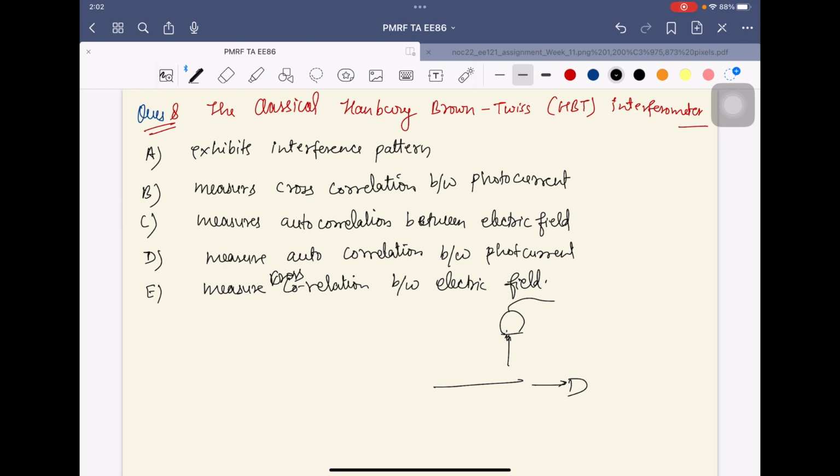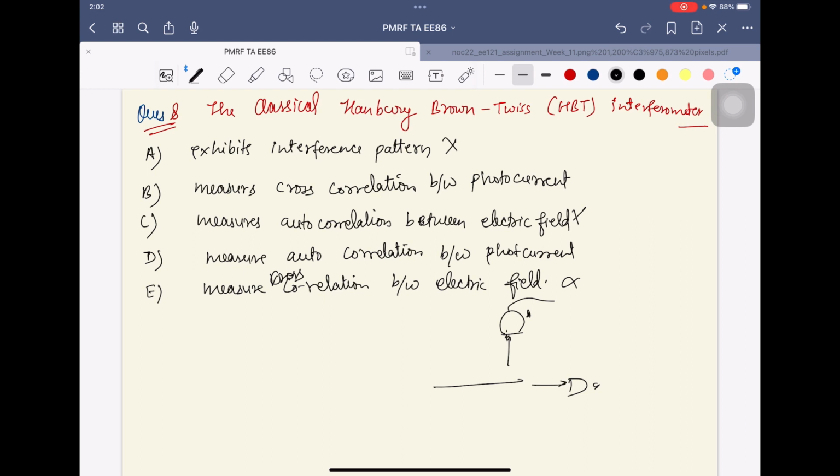So whatever we measure, that is photocurrent, not the electric field. So these two answers are eliminated by this. And the interference pattern is also not detected here, because we detect only the number of photons which come on this detector and the number of photons on this one.